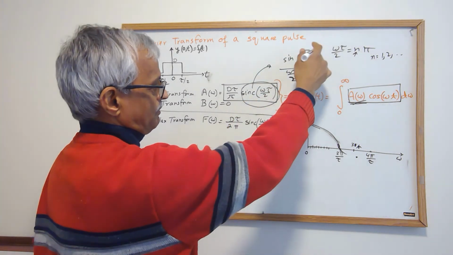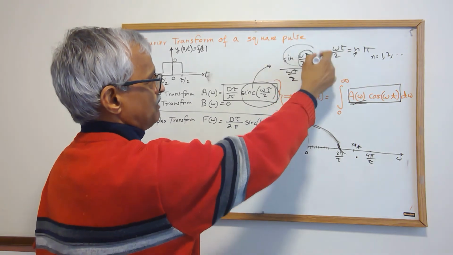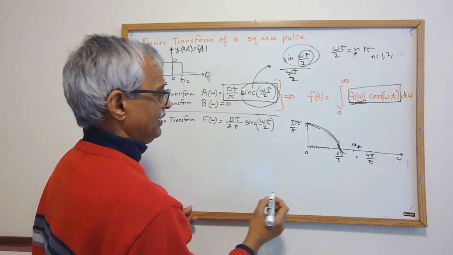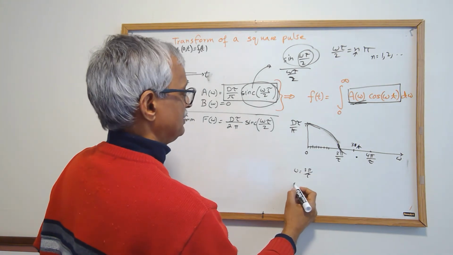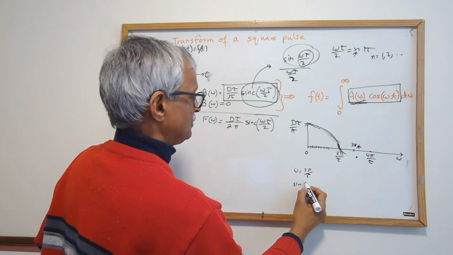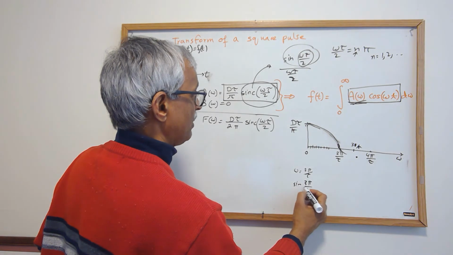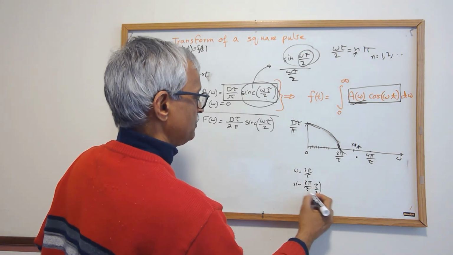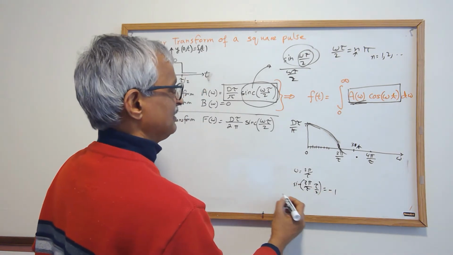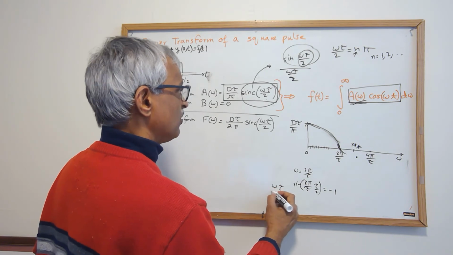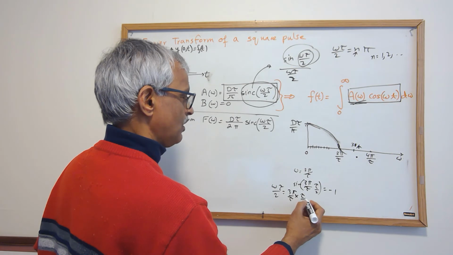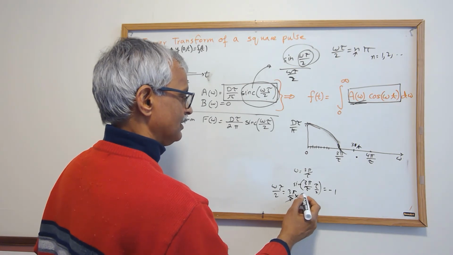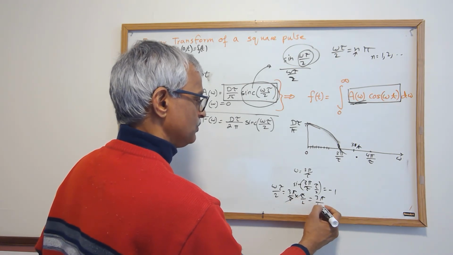When omega is 3 pi over tau, sine of 3 pi over 2 is going to be -1, and omega tau over 2 is 3 pi over tau times tau over 2, which is 3 pi over 2.